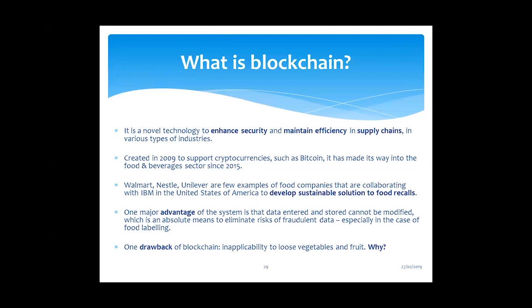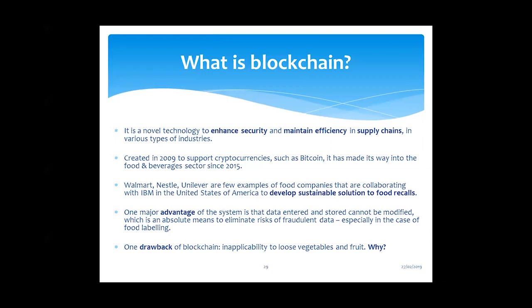As we know, Walmart, Unilever, or Nestle are a few examples of food companies that are collaborating with various types of IT organizations to help develop sustainable solutions to prevent the occurrence of food recalls.